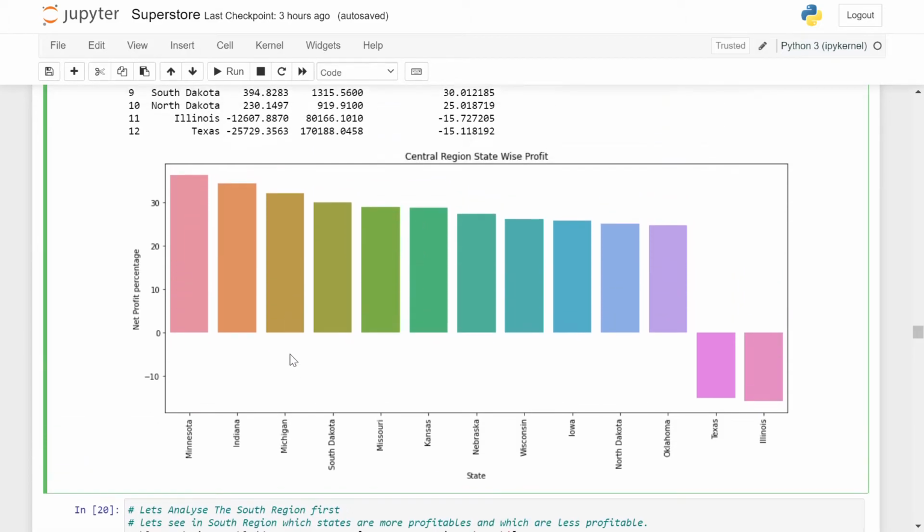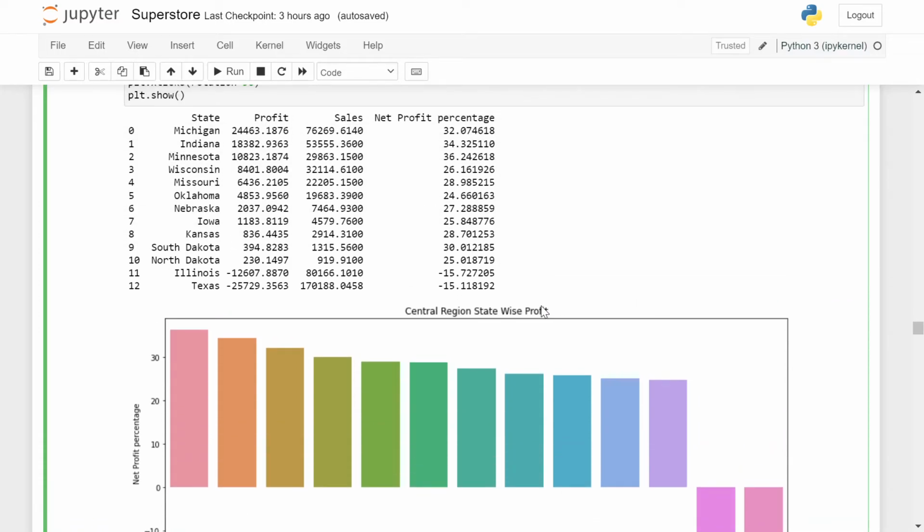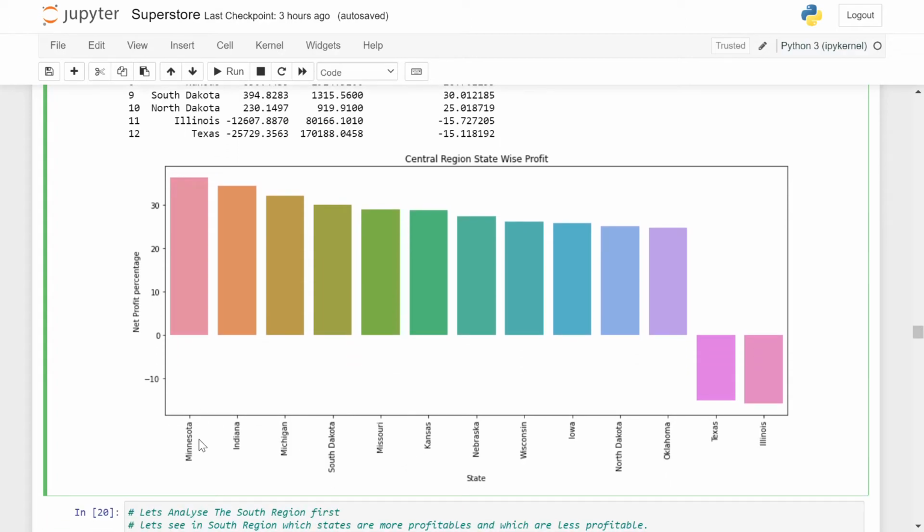So here we can see that in the central region, Minnesota has the highest net profit percentage. Here I plot not according to profit, but I calculate according to net profit percentage. So you can see Minnesota has the highest profit, and Texas and Illinois are in loss.